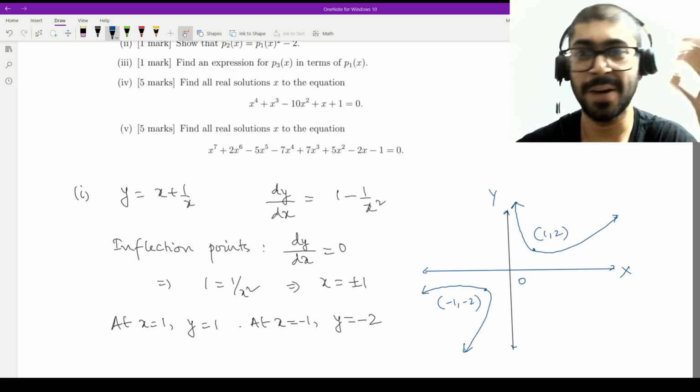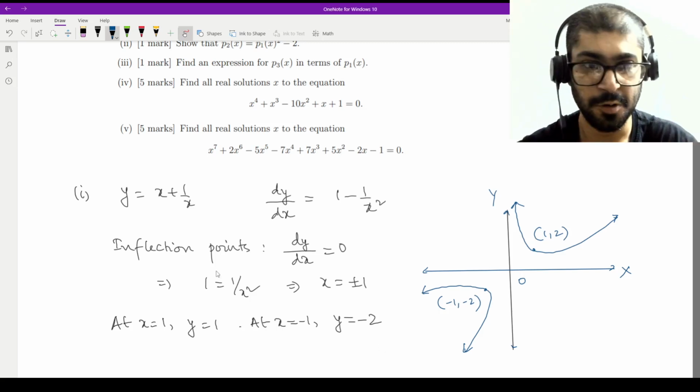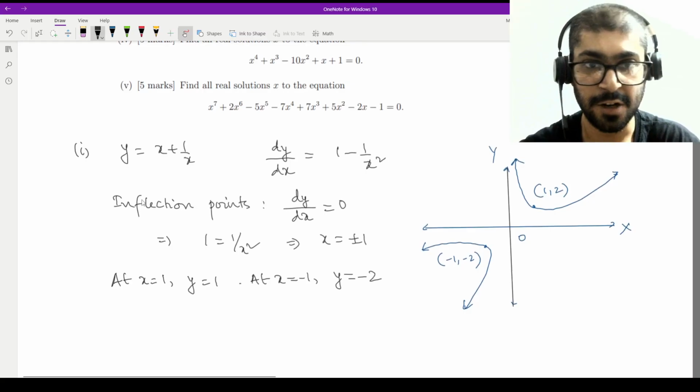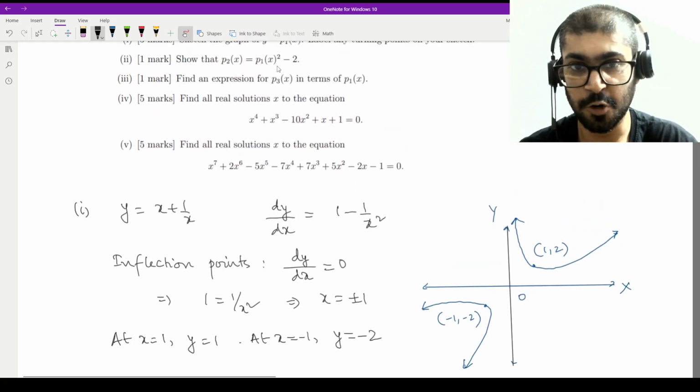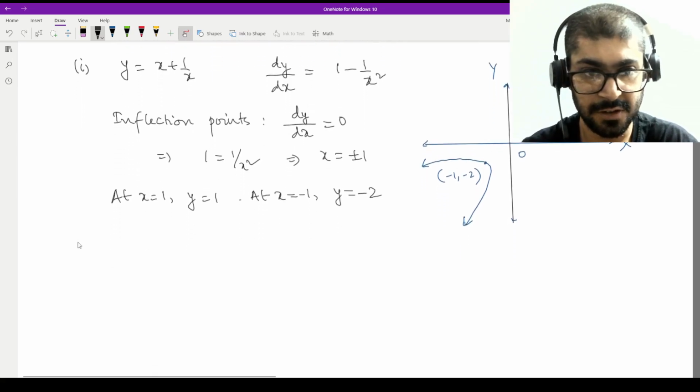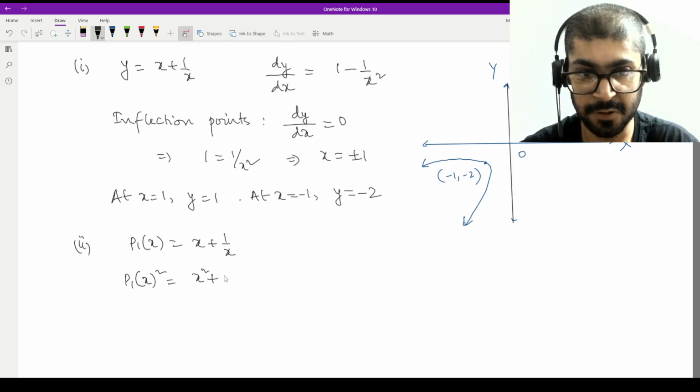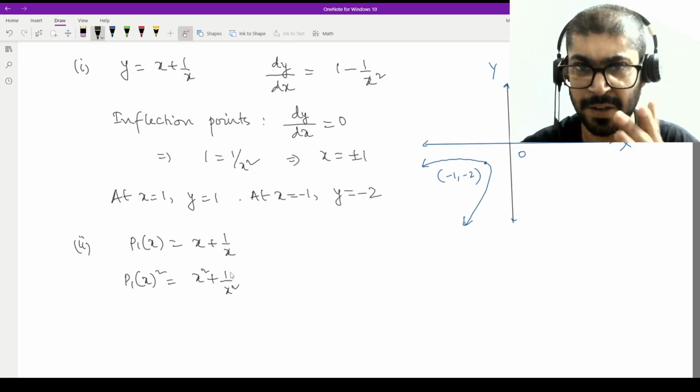Now all of the other parts are based on simple algebra, so let us try to solve those parts. We have a proof: p2(x) equal to p1(x) square minus 2. This is quite easy. You just write down p1(x), which is x plus 1 by x, right? Square it, and you will get p1(x) whole square equal to x square plus 1 by x square plus 2, using a square plus b square plus 2ab.